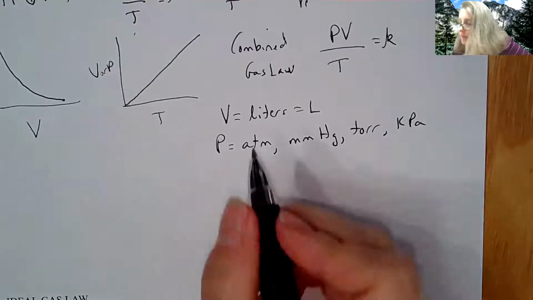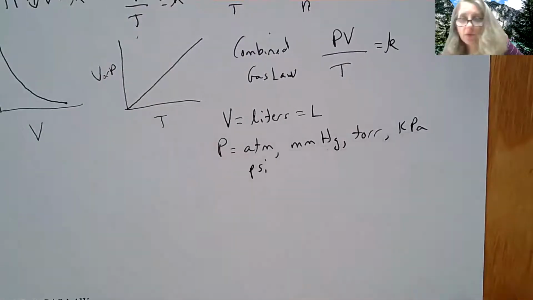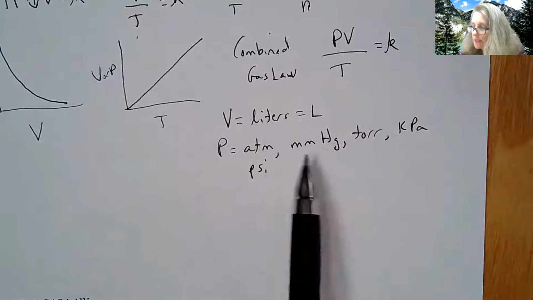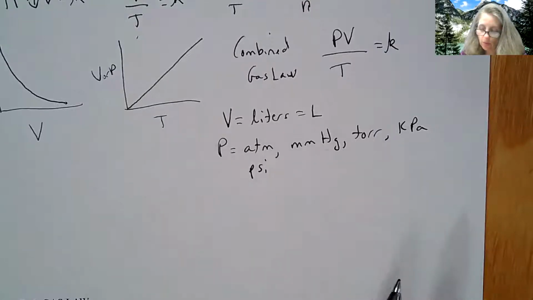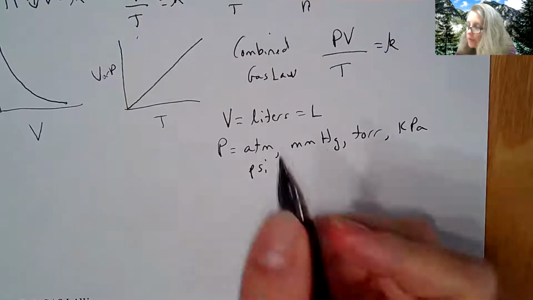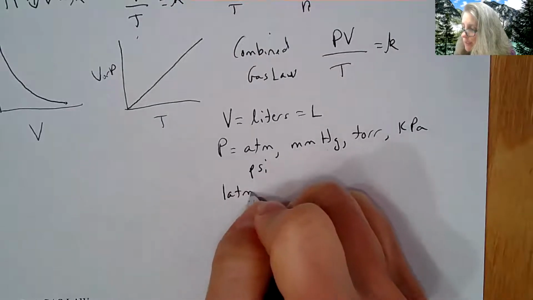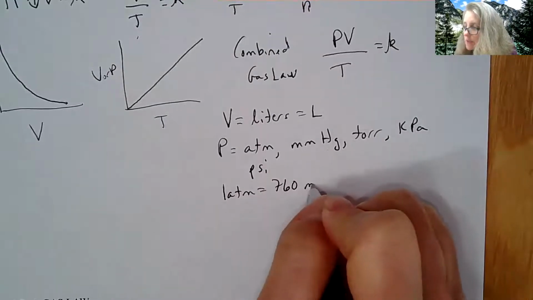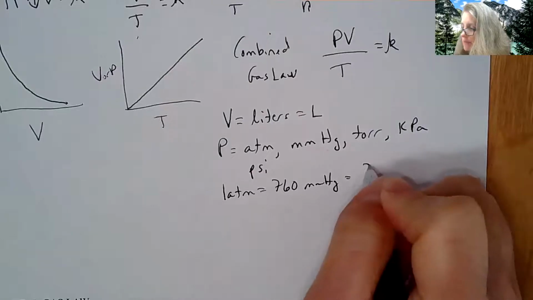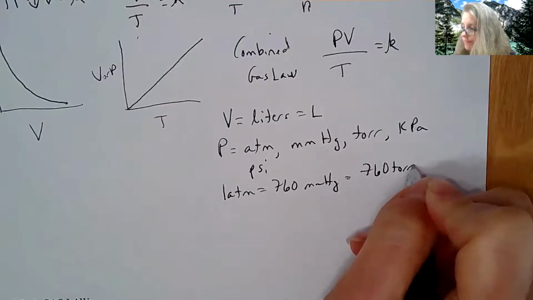You might have heard of PSI, pounds per square inch, in your everyday life, pumping up a tire. But we are really going to be doing atm, millimeters of mercury, or torr. For atmospheric pressure, 1 atm is the same as 760 millimeters of mercury and 760 torr.